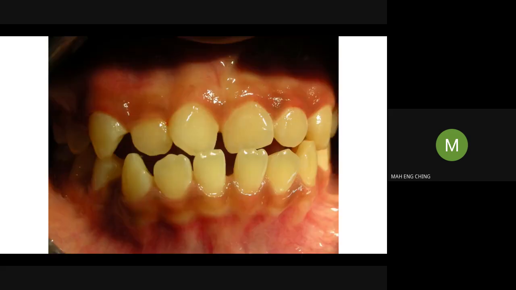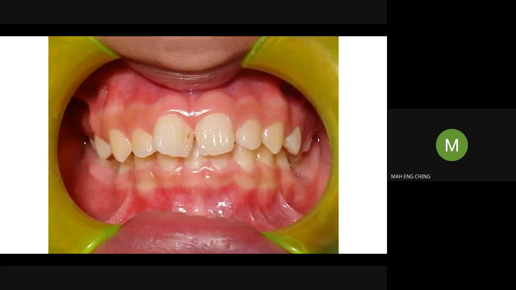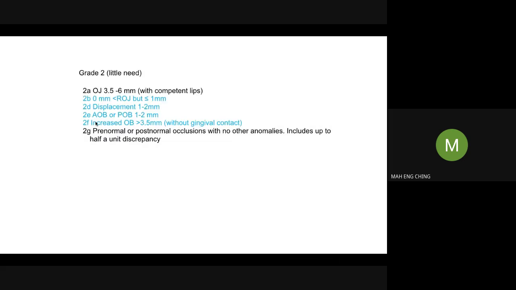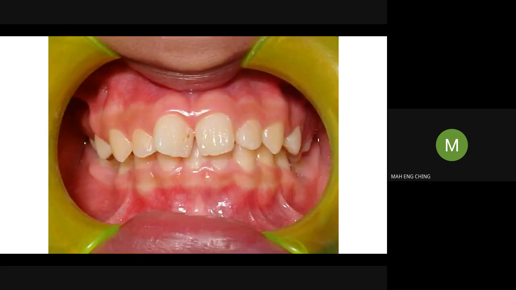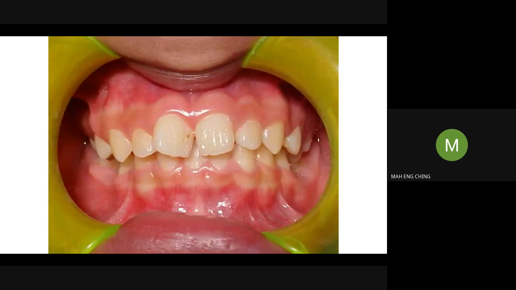Then let's say there is an open bite, not too severe, less than 2 millimeters, then consider 2E, anterior open bite. Oh, we have 2G.